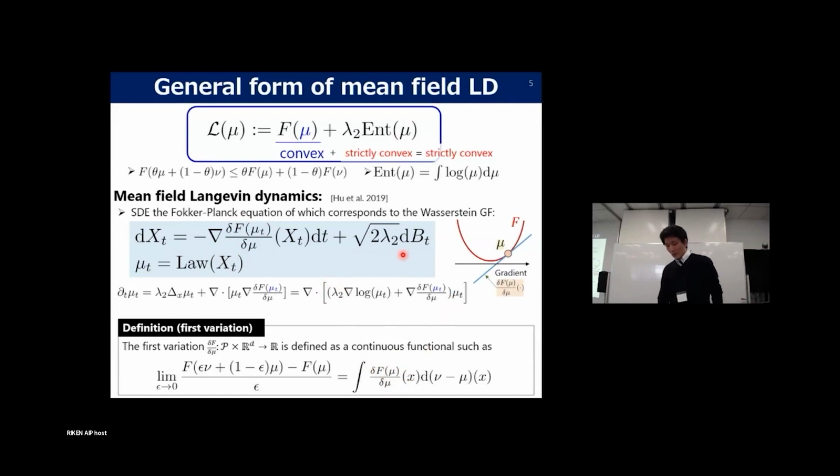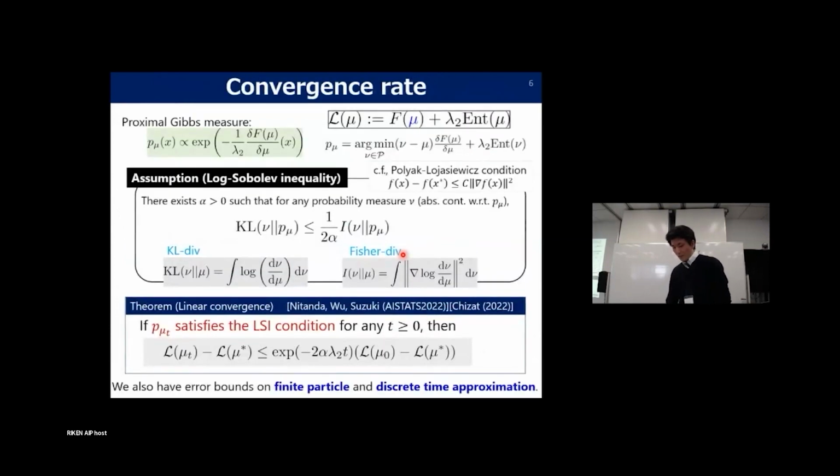Then we are interested in whether this dynamics converges or not. Under some assumptions, we have convergence. Unfortunately, due to the time limitation, I won't go into much detail. But if the so-called proximal Gibbs measure satisfies the so-called log-Sobolev inequality, which is a very standard assumption, then we have an exponential convergence of the entropy regularized objective function.